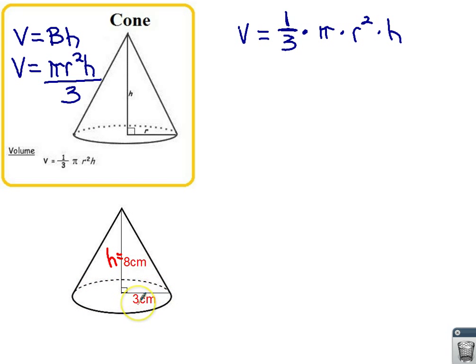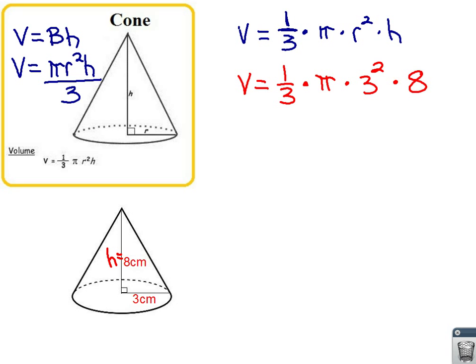The radius is 3. So let's plug in. V is equal to 1/3 multiplied by pi multiplied by the radius, which was 3, squared, and multiplied by 8.